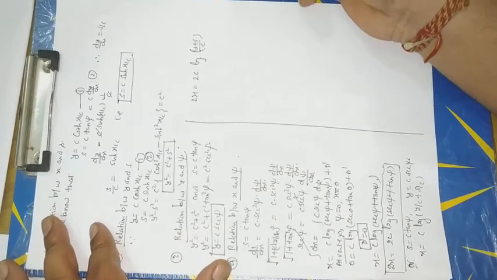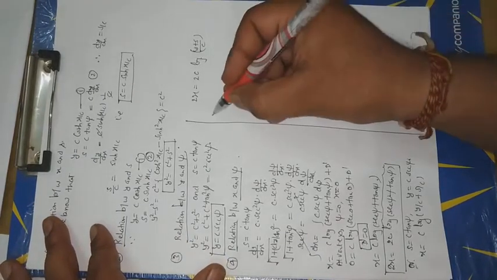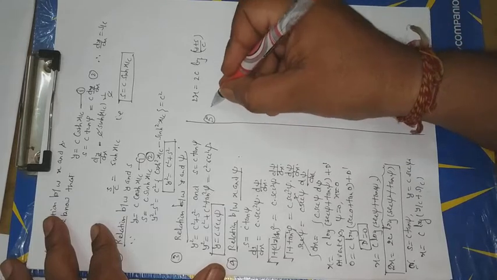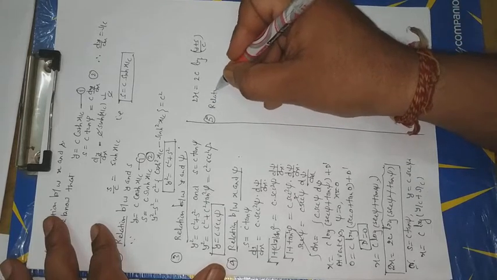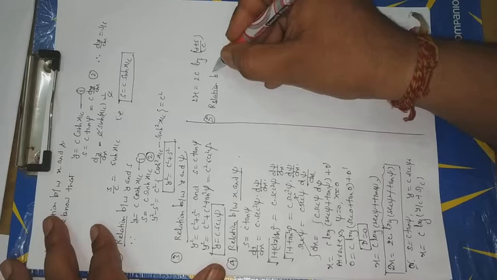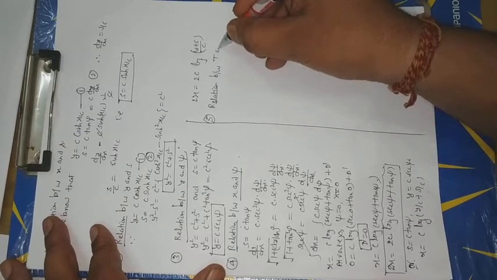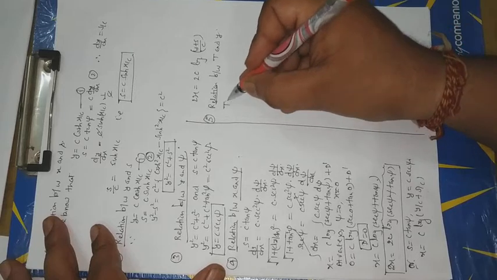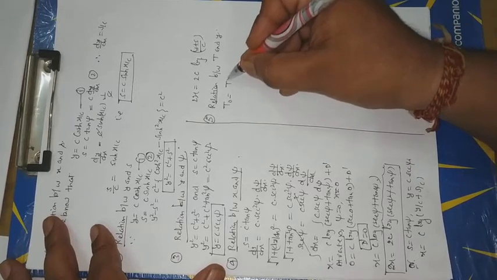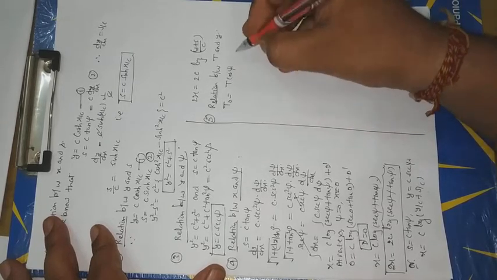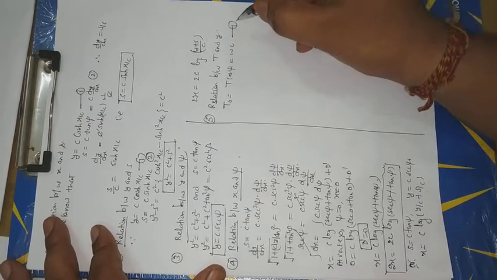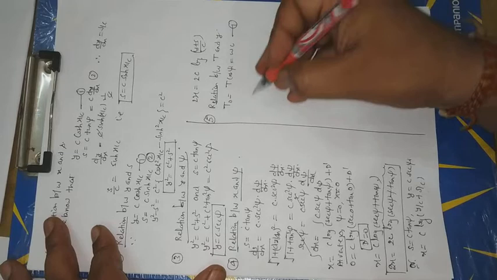Now next, relation number 5, relation between t and y. Since t0 is equal to t cos psi equal to wc, represented by equation number 1.